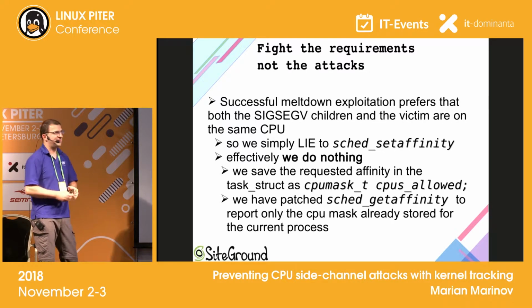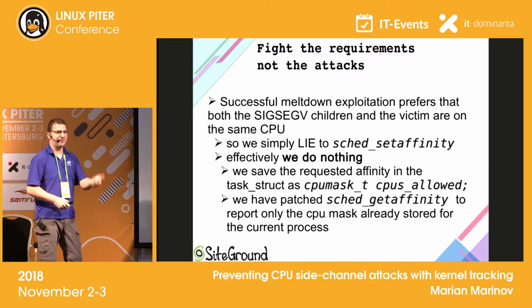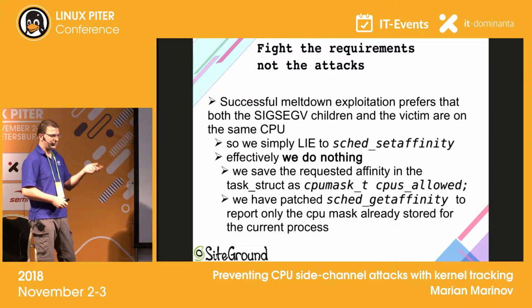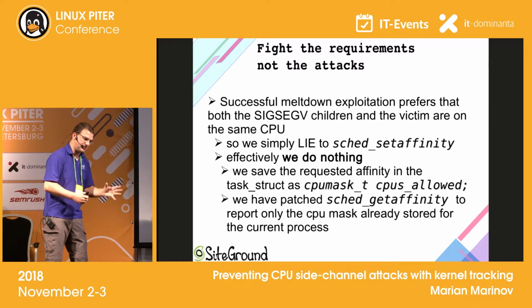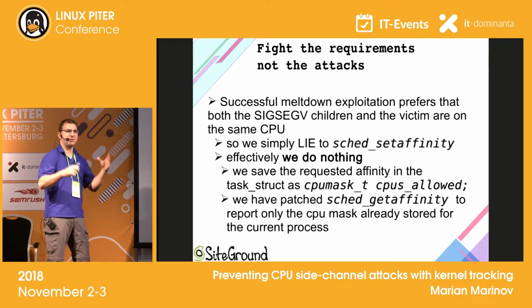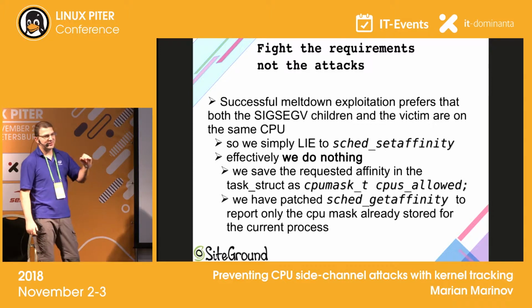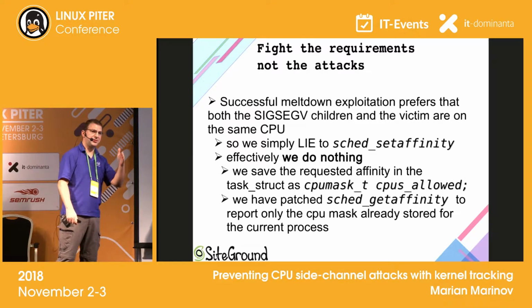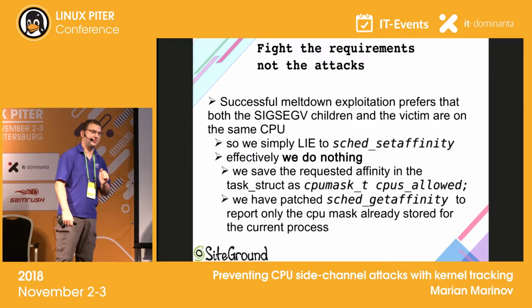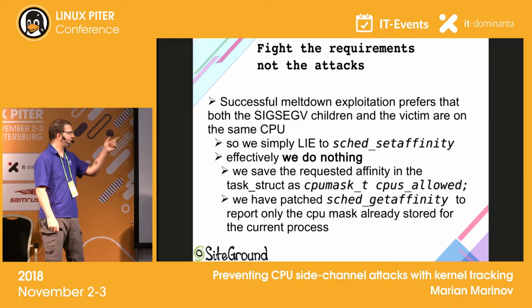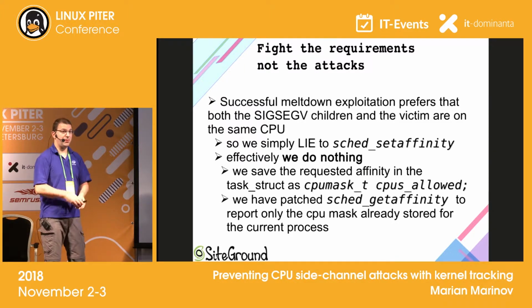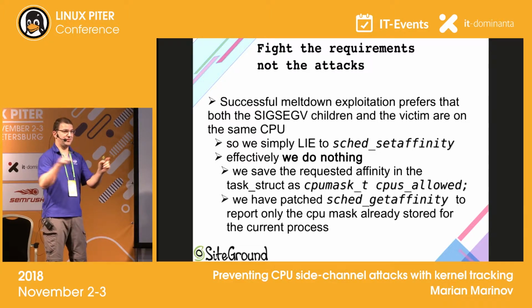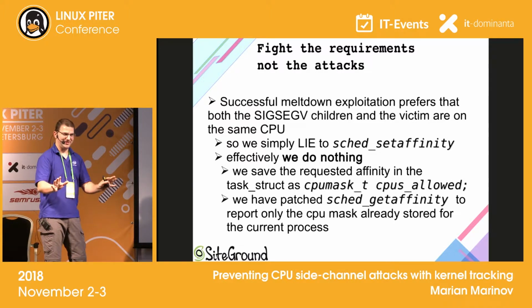So what we decided to do is fight the attack itself, the exploit itself. In order to work better on multi-core machines with a lot of processes running, the exploit requires the attacker process to be running on the same core where the victim process is running. This requires the set affinity syscall. And we simply patch that, so that for the user process issuing set affinity, it looks like it worked, but we actually don't do it.